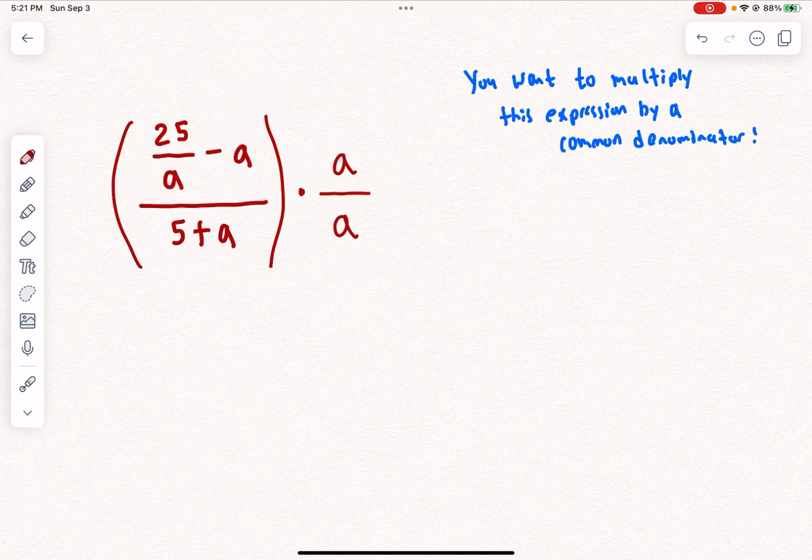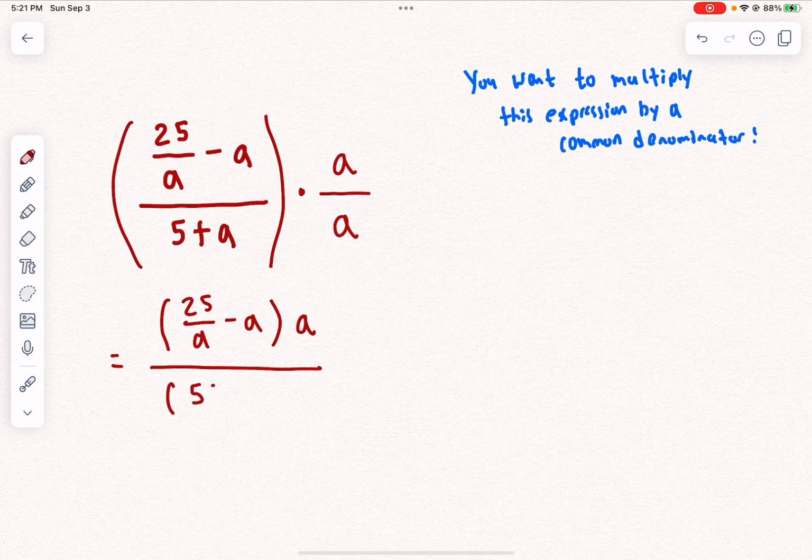Okay. So if we do that, that should be equal to 25 over a minus a times a all over 5 plus a times a. And then if you look at the numerator, we can use the distributive property to help us get rid of this denominator.